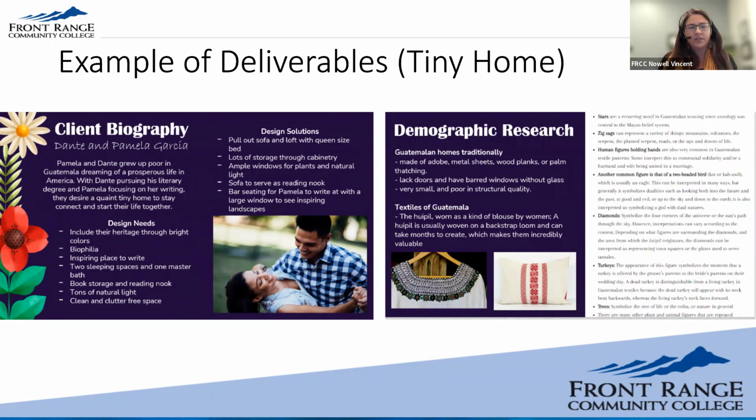Through art, furniture, fixtures and equipment, and interior finishes, they specify all the things that are going to be built out and applied in this space based on the research that they do from their country or countries. It's a lot of really fun research that students get the opportunity to do.